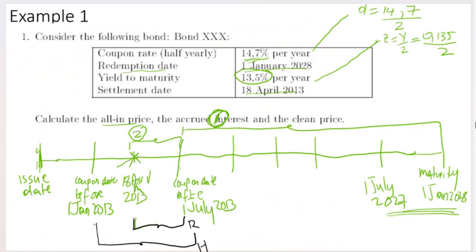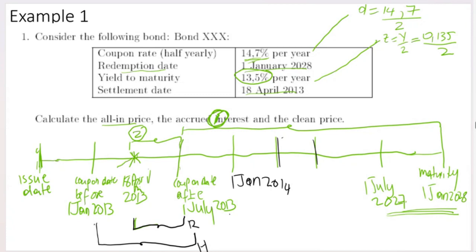So we know the next coupon date after 1st of July is going to be 1st of January 2014, and so on. There'll be coupon dates going forward, but you are just analyzing your timeline.